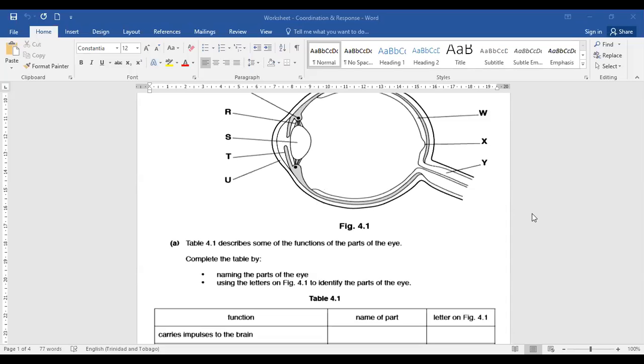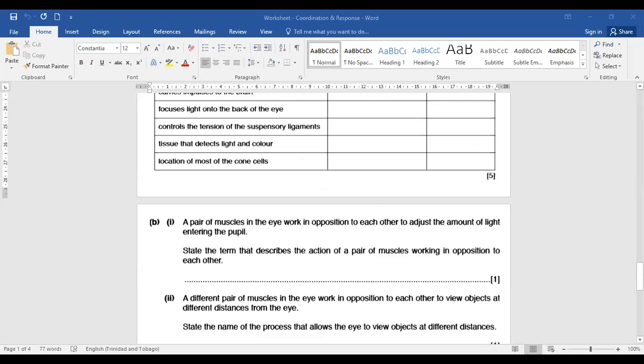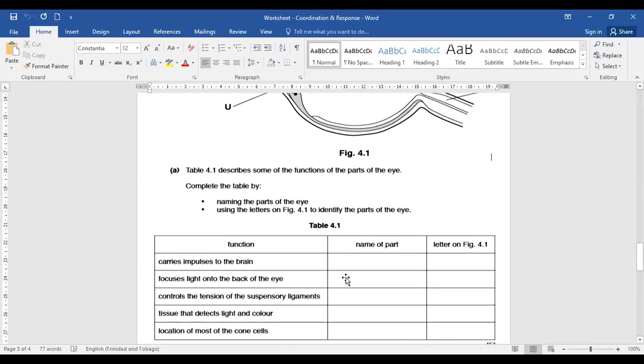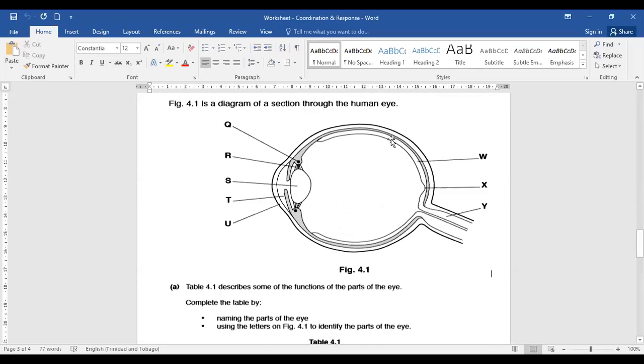Very good. How about the part that focuses light to the back of the eye? Which part here focuses light to the back of the eye? No, that is the point to which the light would be focused.